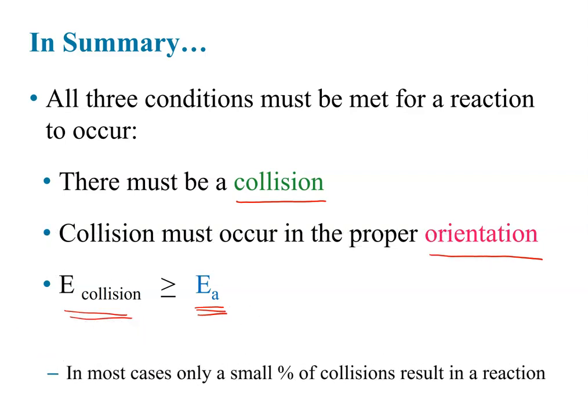So in most cases, only a small percent of collisions will result in a reaction. Because first you have to collide, but if it's not in the proper orientation and it's not a collision with a certain amount of energy, a reaction is not going to happen.